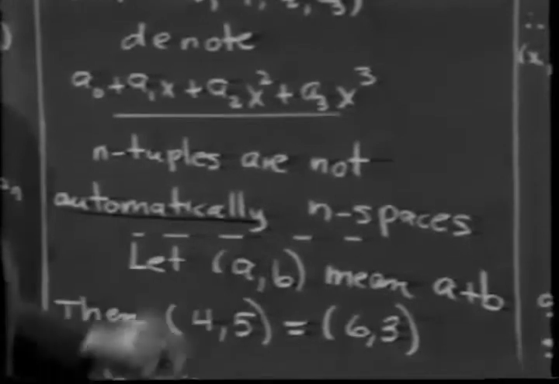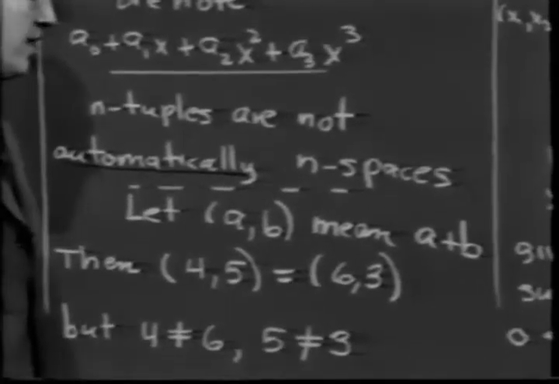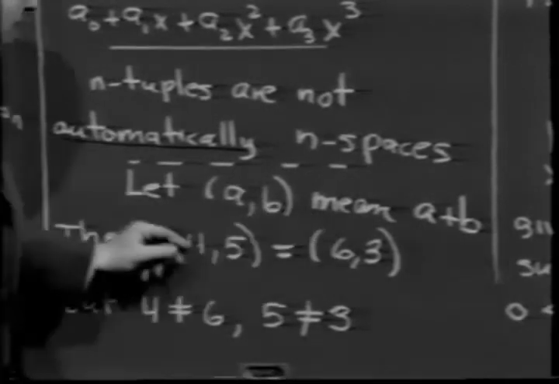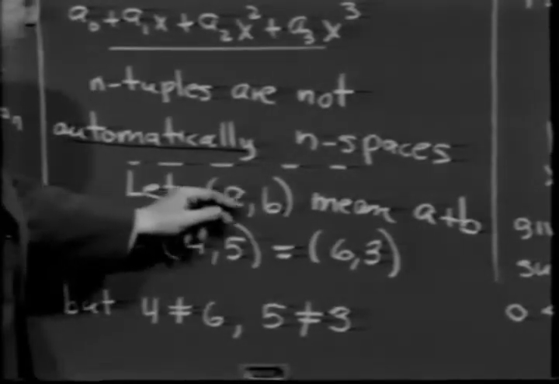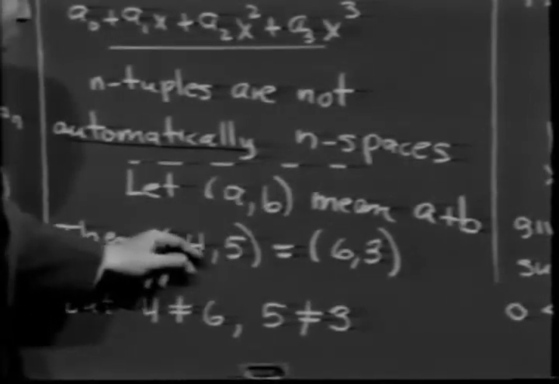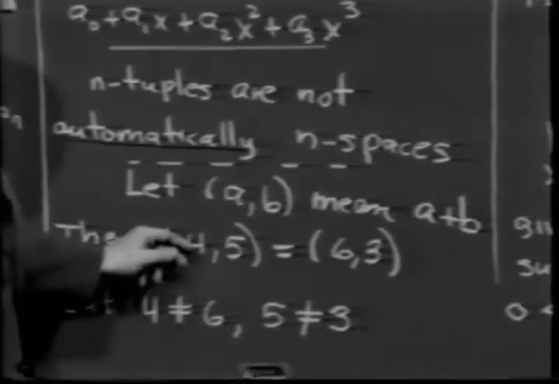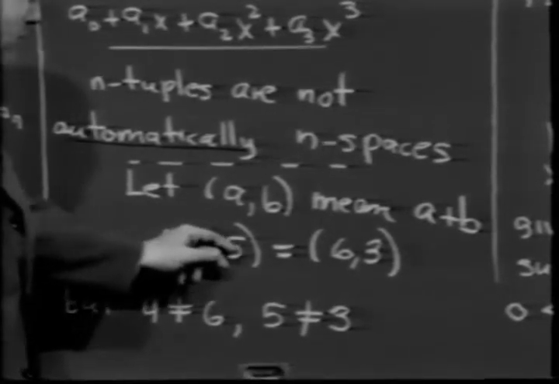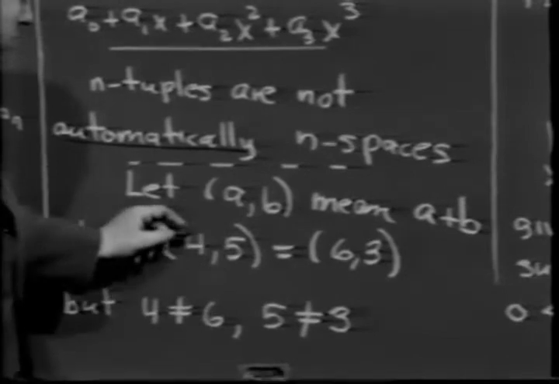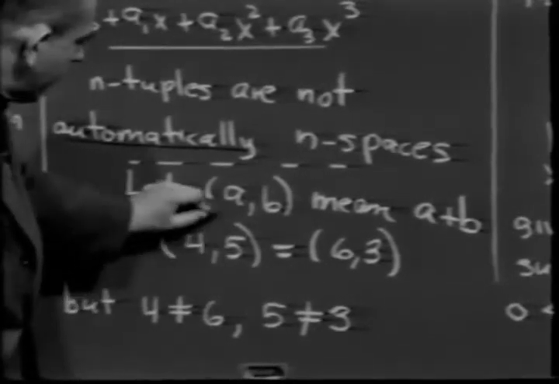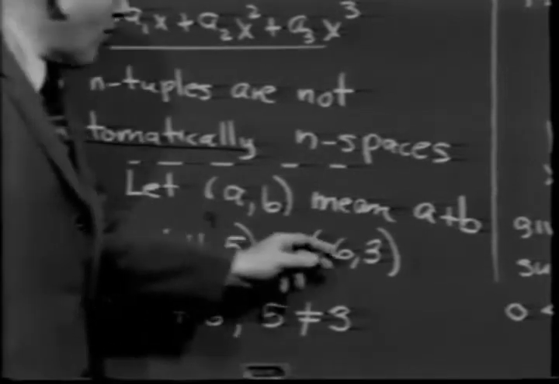For example, let me invent the abbreviation that the two-tuple a comma b represents the number a plus b. If I define the two-tuple a comma b to be an abbreviation for a plus b, what would 4 comma 5 denote? Remember, the two-tuple means what? To get the value of the two-tuple is just the sum of the components. If I add a and b in this case, 4 plus 5 happens to be 9.